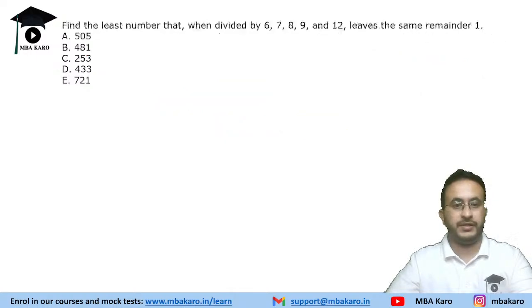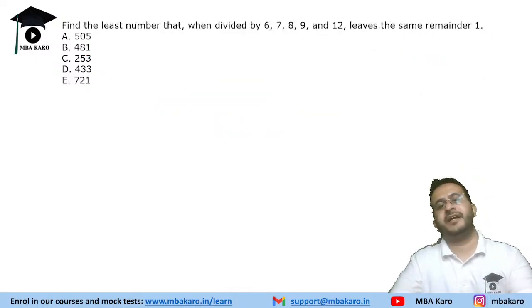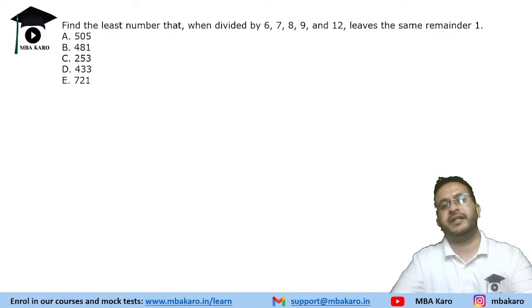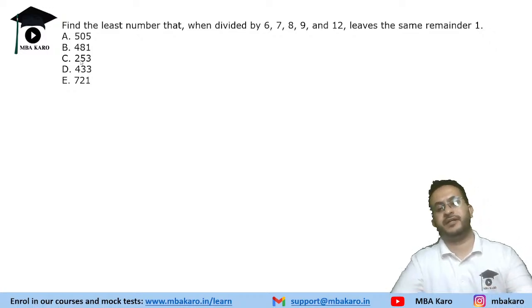All right. Find the least number which when divided by 6, 7, 8, 9 and 12 leaves the same remainder 1.